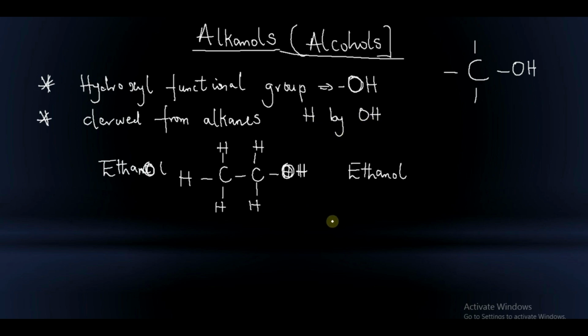Also, I can have methane. Methane is the first member in the alkane series, and it has just 1 carbon atom attached to 4 hydrogen atoms. If I replace one of the hydrogen atoms in methane by an OH group, it is no longer methane, but methanol.